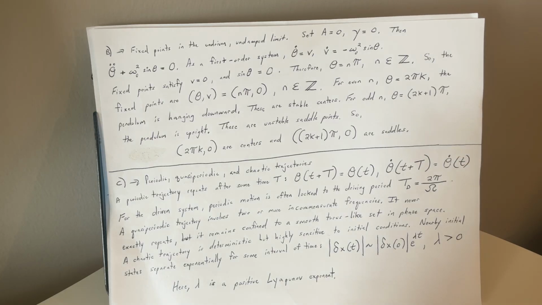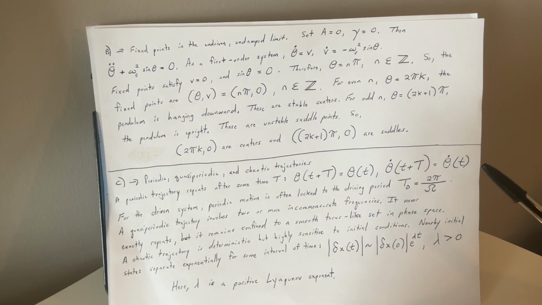Okay, so moving on to part C, periodic, quasi-periodic, and chaotic trajectories. A periodic trajectory, after some time capital T, can be classified as theta of t plus T equals theta of t, and theta dot of t plus T equals theta dot of t.